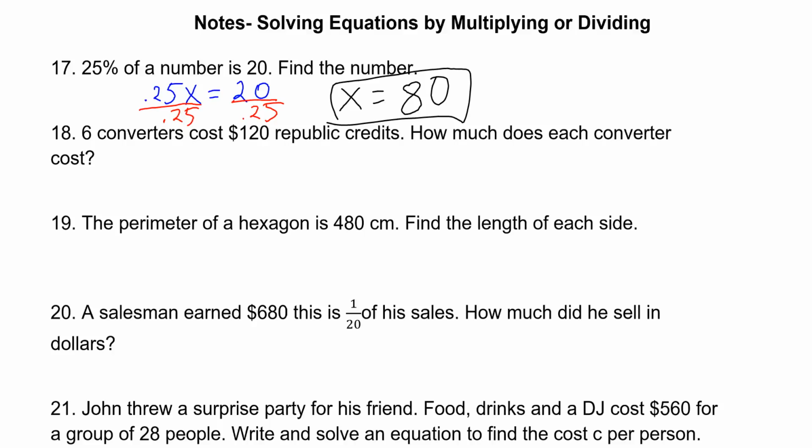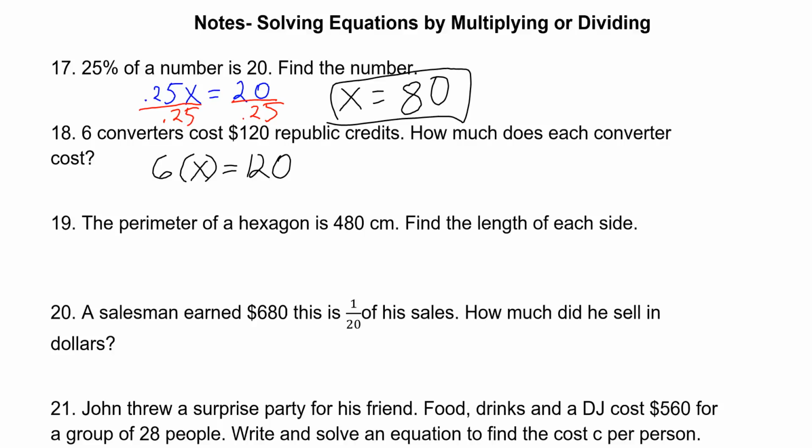Now, on number 18, it says 6 converters cost 120 Republic credits. How much does each converter cost? So let's see. In order to find the cost of something, well, 6, we know that we can get 6 times whatever cost it is, so that's going to be 6x equals 120.